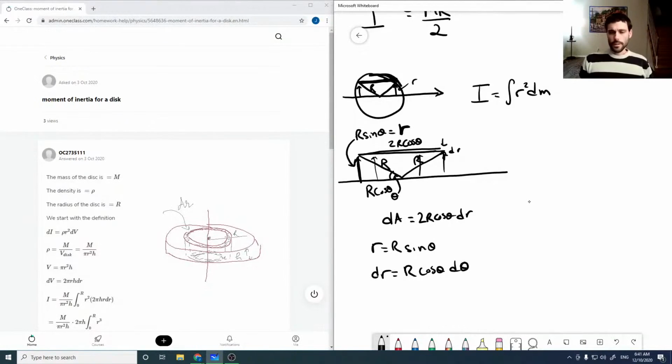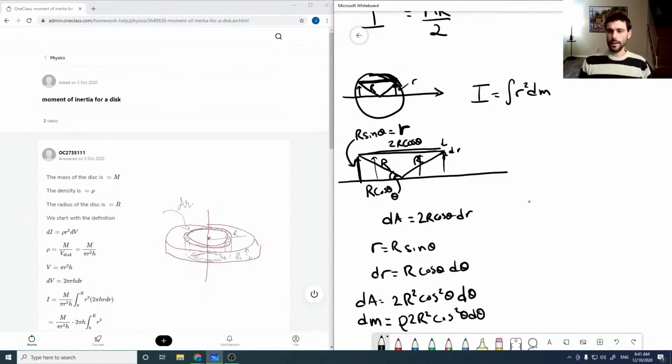Plugging that in for our dr, our area segment is now 2r squared cos squared theta d theta. And again, similar to above, we can define a small amount of mass as rho 2r squared cos squared theta d theta.